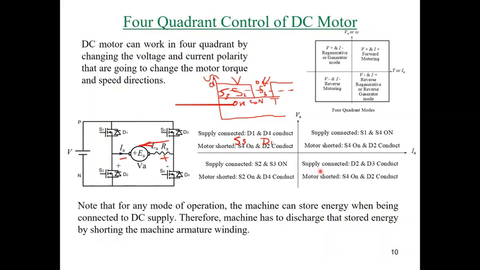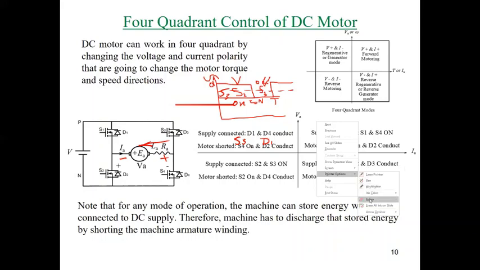Last, for the reverse regenerative, we can apply the same method. We can apply these sequences in order to get the reverse regenerative mode. So by using this circuit, we can control all of the 4 quadrants.